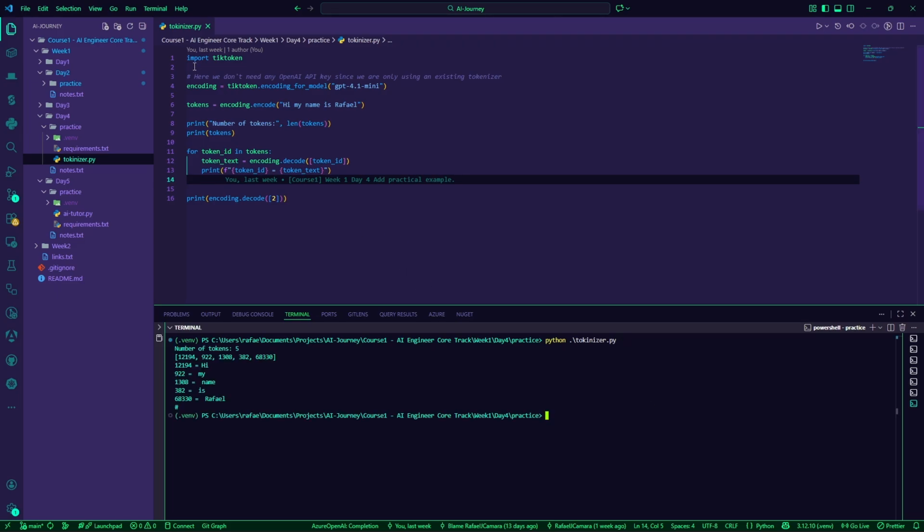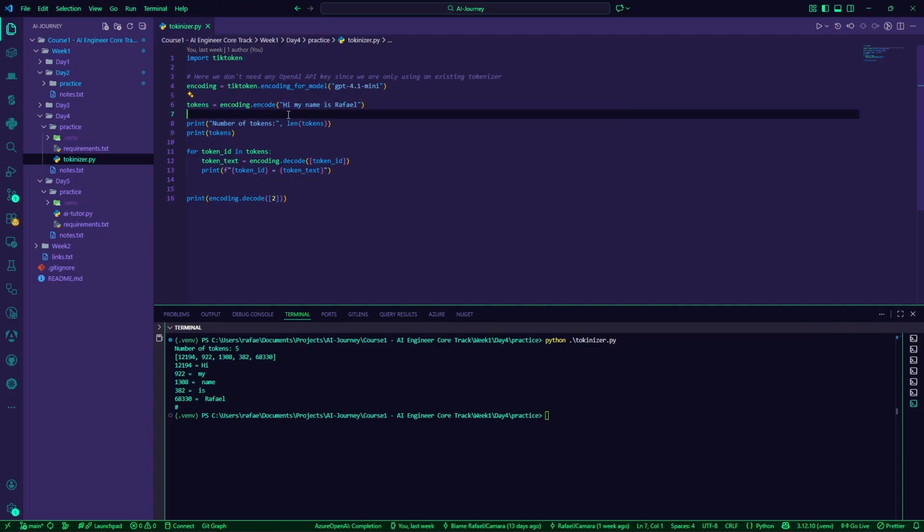And so as you can see here, it takes the input I have here. Hi, my name is Rafael. It converts this into 5 tokens, okay? And as you can see, the tokens are these numbers, okay?